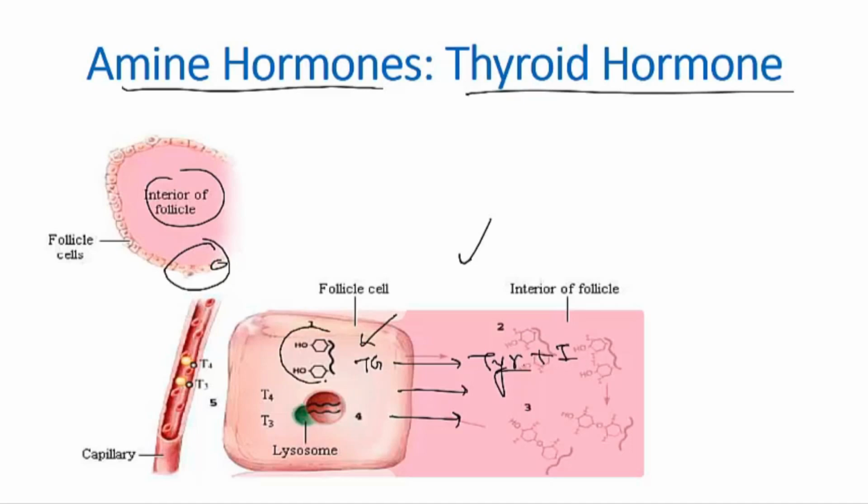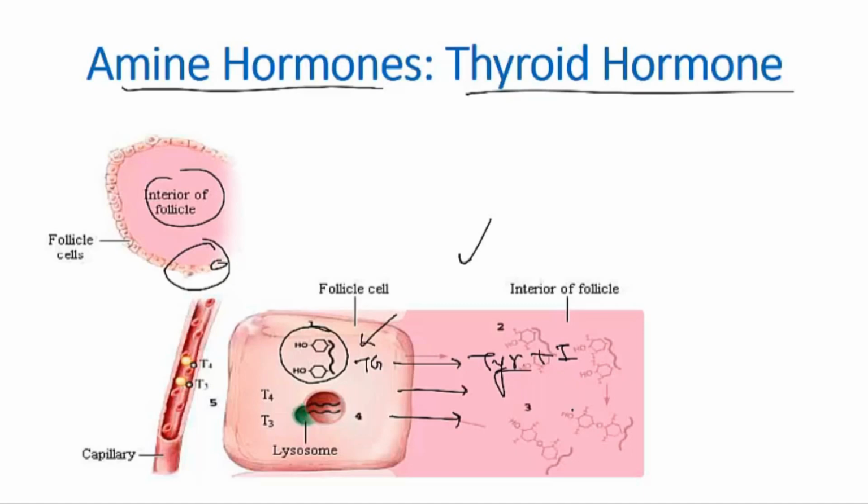As you see here, this is the thyroglobulin that is produced, but it doesn't have any iodine present. But now when they are transferred into the lumen, iodine is added. Once iodine is added to those tyrosines, two variants are produced, T3 or T4.